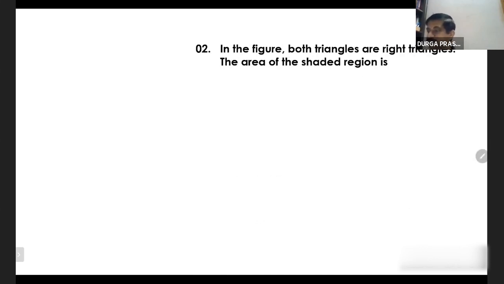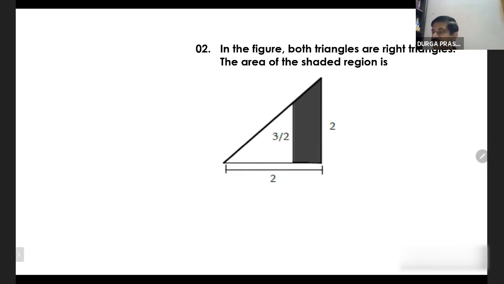In the figure, both triangles are right angled. The area of the shaded region: that is total area minus the white portion. Total area is half into base into height minus the white region, half into base into height.